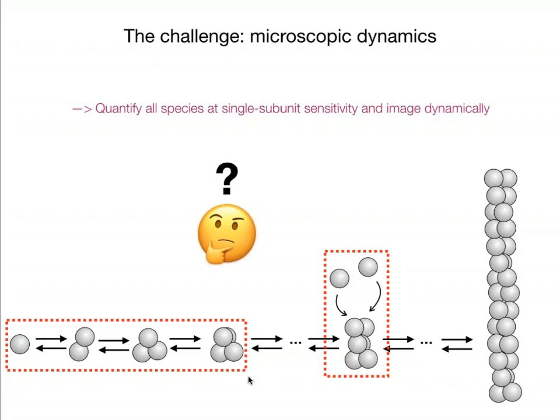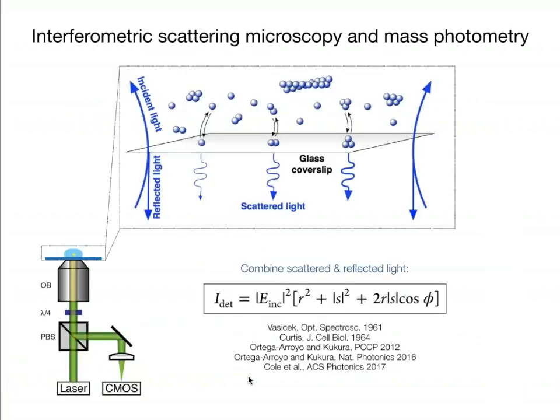The next question that you could ask would be, what method could provide all of these requirements? And you might have guessed it, the short answer to this question is interferometric scattering microscopy and mass photometry.